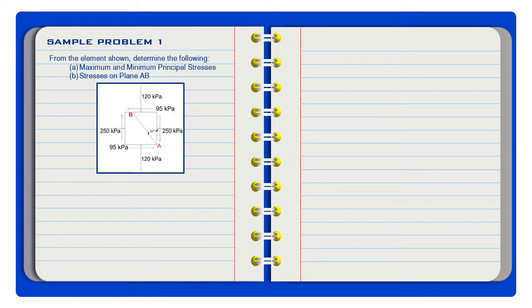Then, pinapahanap niya yung angle or stresses on plane AB which has an angle of 37 degrees which is counterclockwise from our vertical plane or the right vertical plane. So, this is figure SP1-1.